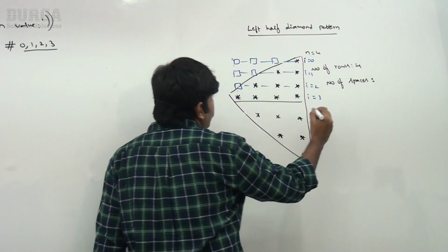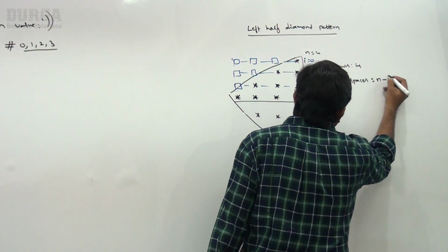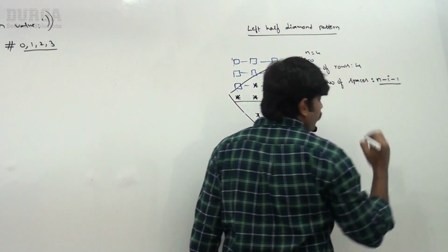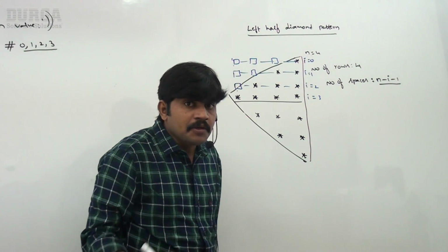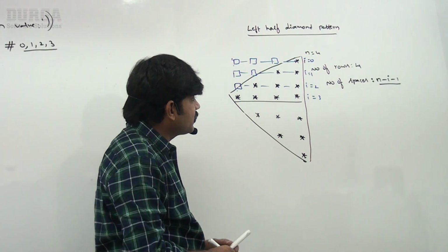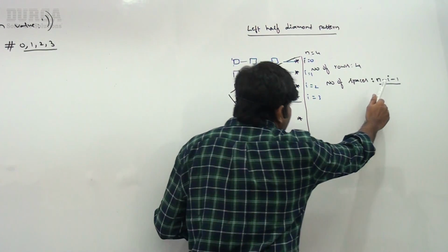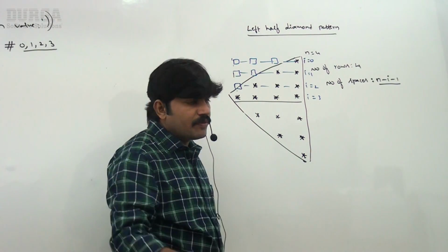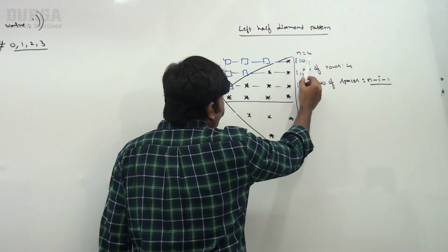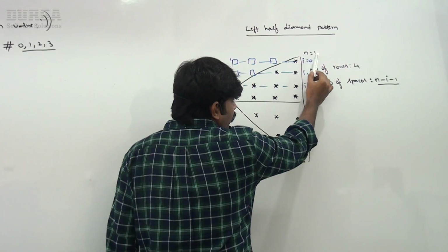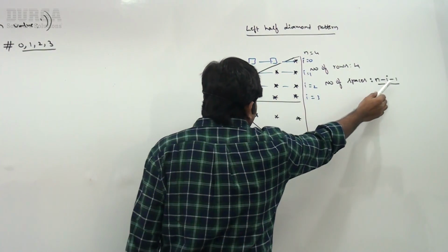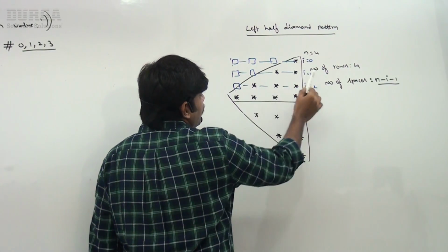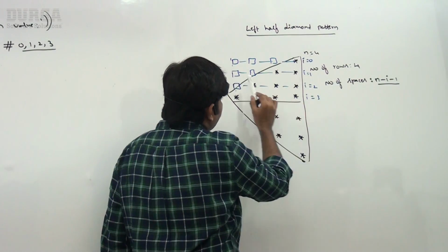If you observe, n minus i minus 1. What is the formula, sir? n minus i minus 1 itself is the formula. These many spaces are there. If you want, you can consider 4 minus 0, 4, again minus 1 means 3. Next 4 minus 1 minus 1, 2, sir.